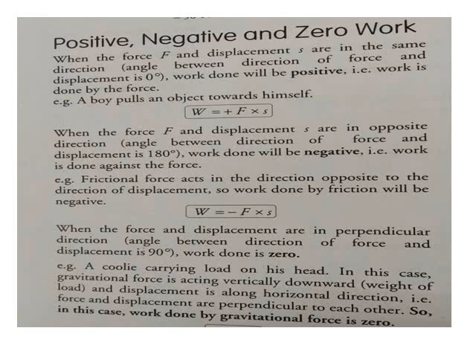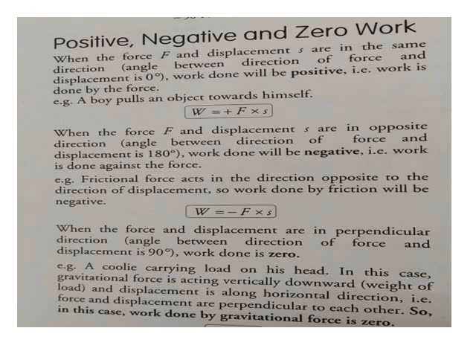So the direction of the force is the direction of movement of the object. Both the directions are one and the same. So here the work done is positive. The direction of the force and the direction of the displacement are the same.